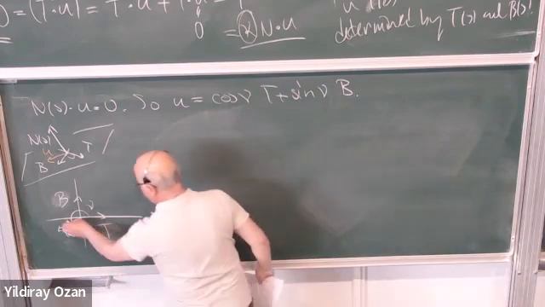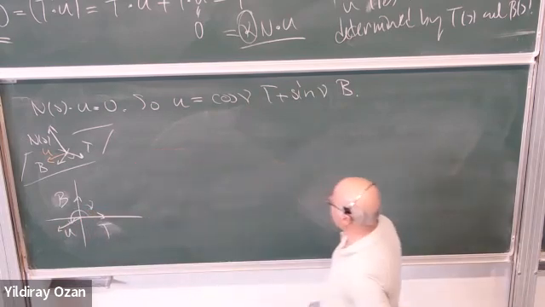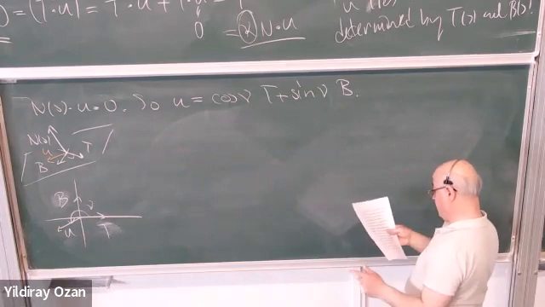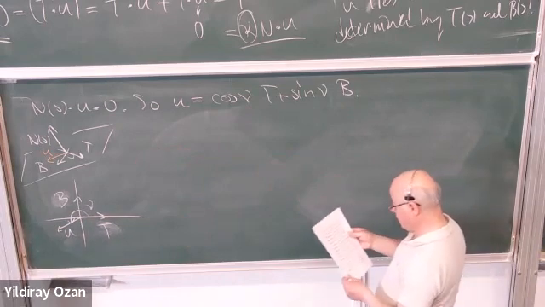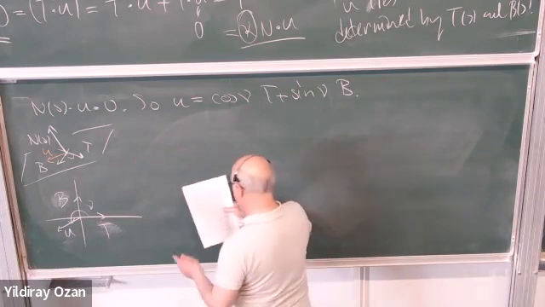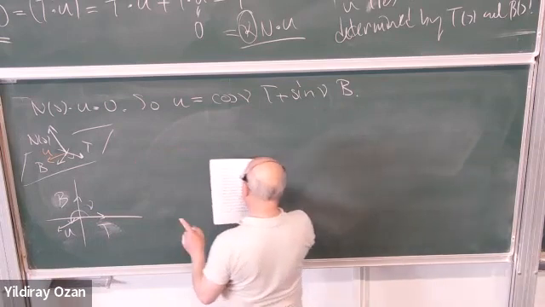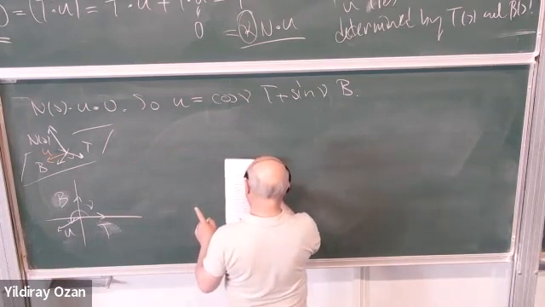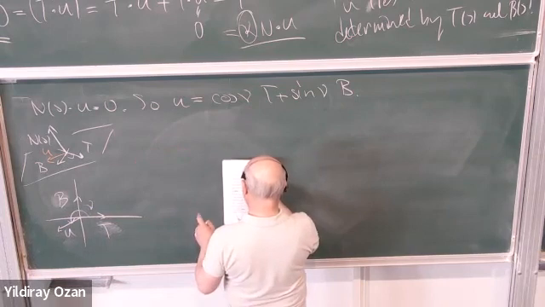V is the angle measured from the axis T. All right. Now let's take the derivative of this expression.